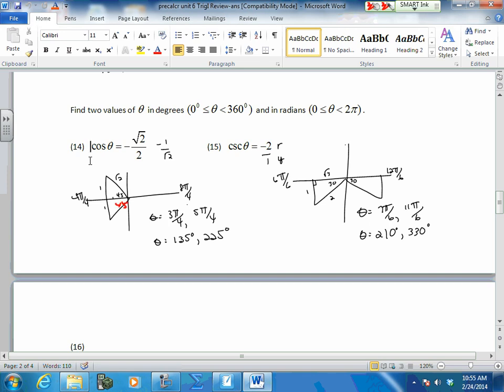Now, if I want it in degrees, set it up to 180 and 360. You are 45 degrees short of 180. 180 minus 45. If you use your graph, you don't have to remember, was I supposed to add, was I supposed to subtract? You'll notice you didn't hit 180. You stopped short, 45 degrees.